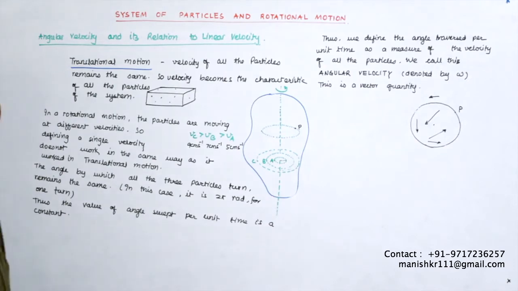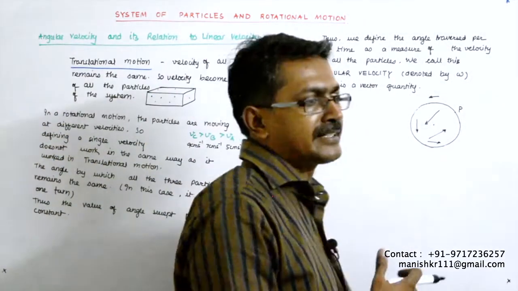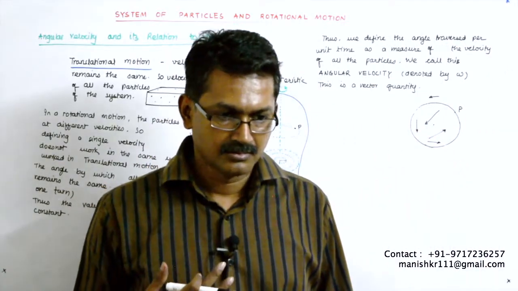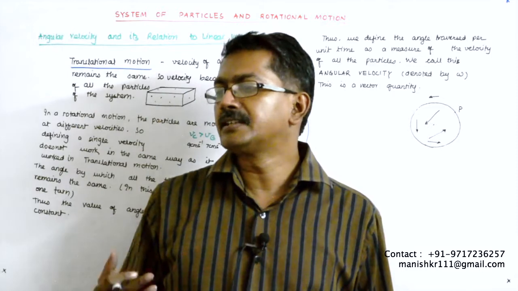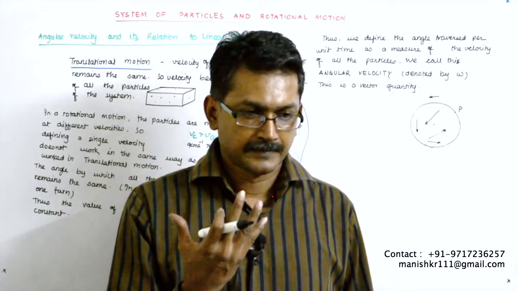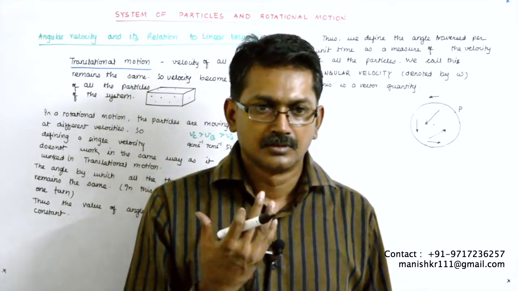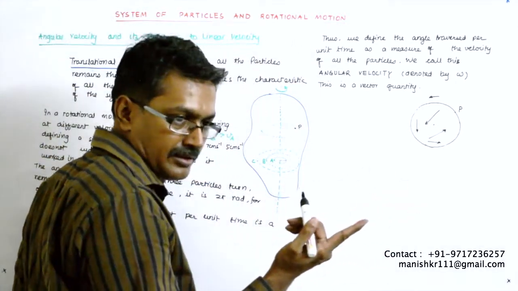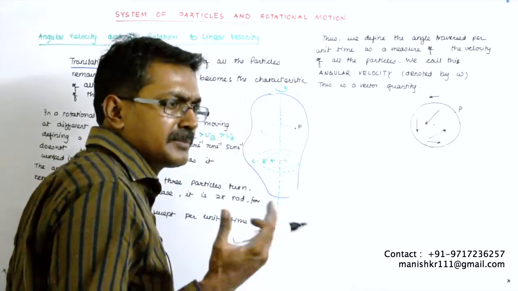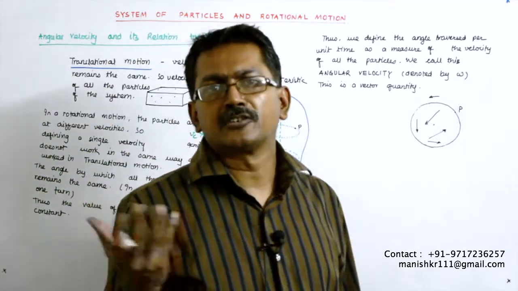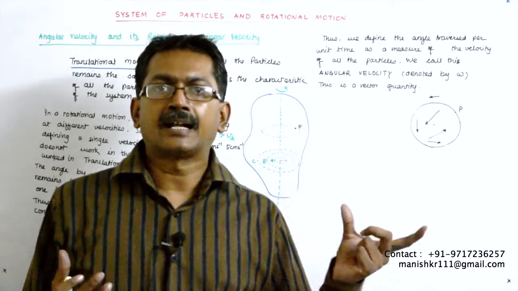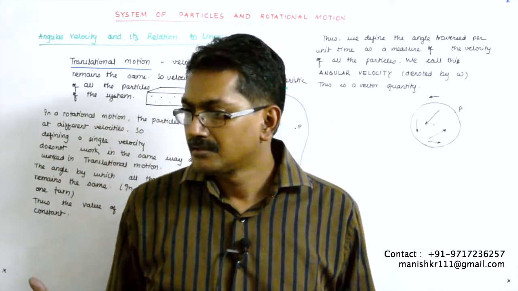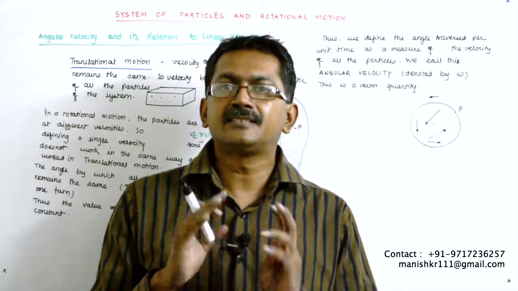Now, immediately you come to know there can be an infinite number of possibilities if I do that. So keeping the angular velocity in the plane of the circle that a particle sweeps is very difficult. It is impossible. Impossible in what sense? The whole thing is rotating. You put the vector there, and after some time it rotates and goes somewhere else. So how do I define that? It should be easily definable.